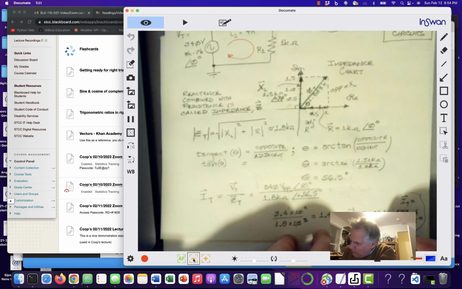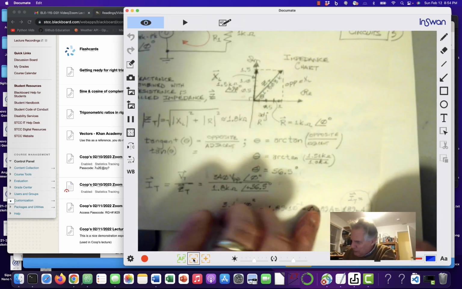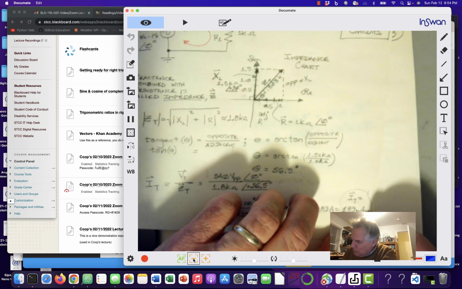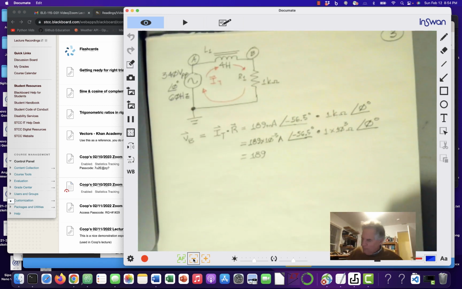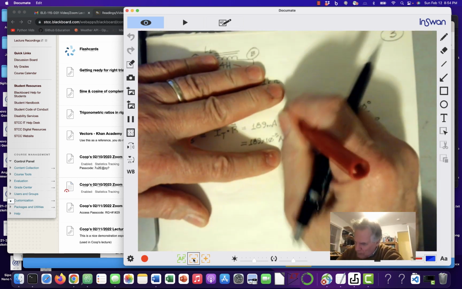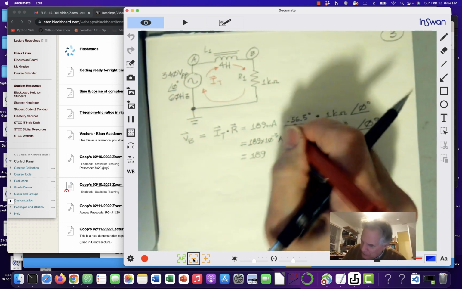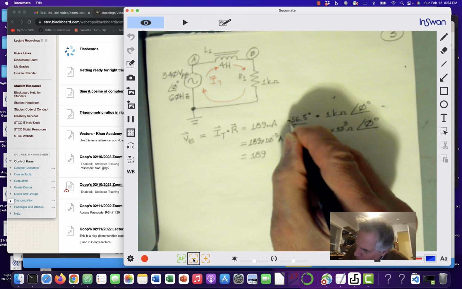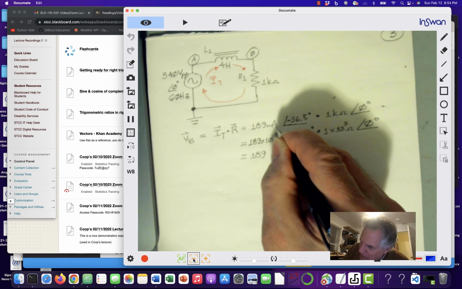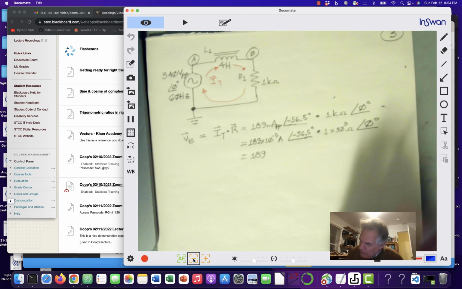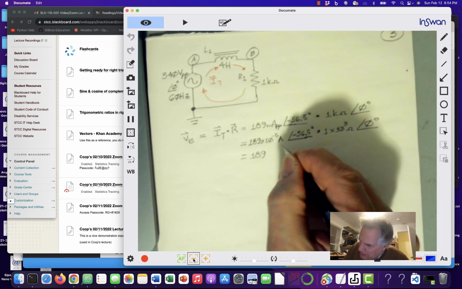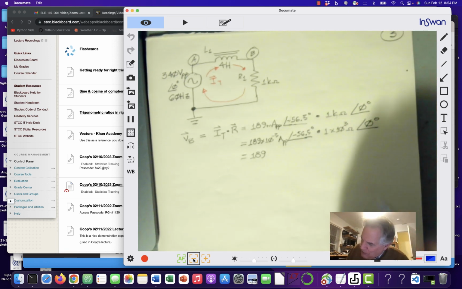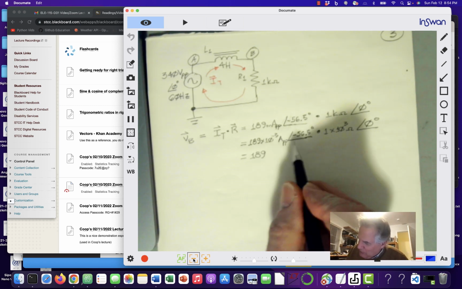These are amps peak to peak, and milliamps peak to peak. So what I'm going to get here is 189.